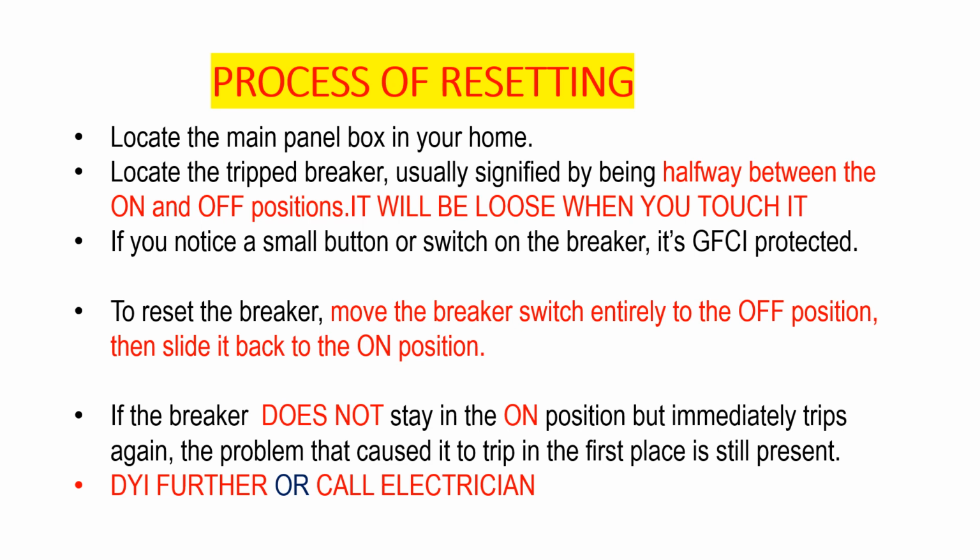Remove that first, and then again switch on the circuit breaker. You can do this before the first attempt at resetting: whenever there is no electricity in the outlet, check how many outlets do not have electricity and remove any appliances connected to them. That would be better. And then switch on the GFCI circuit breaker, as I told you the procedure.